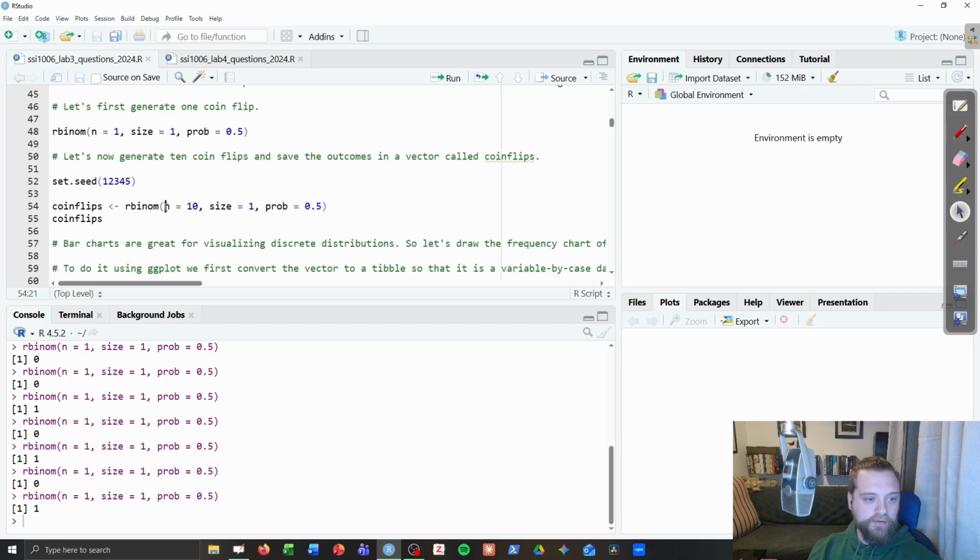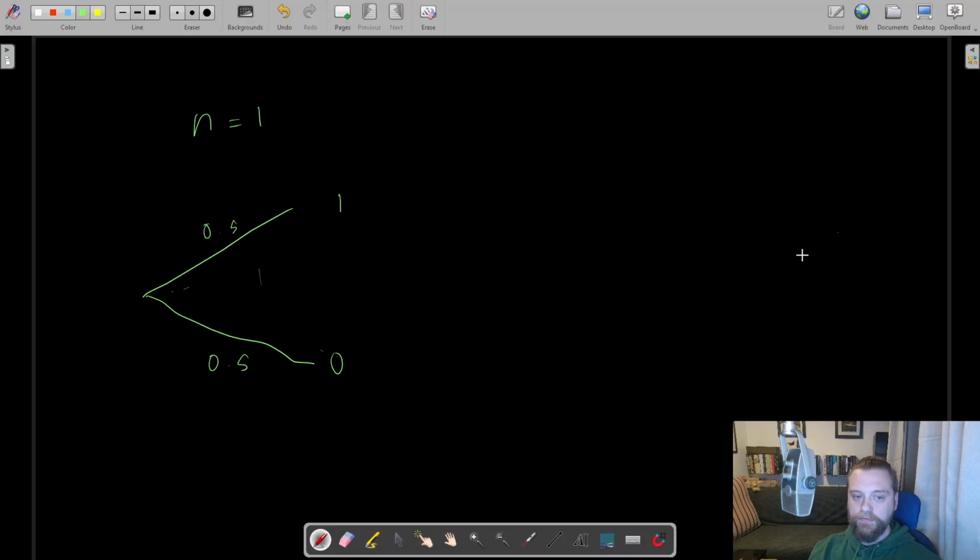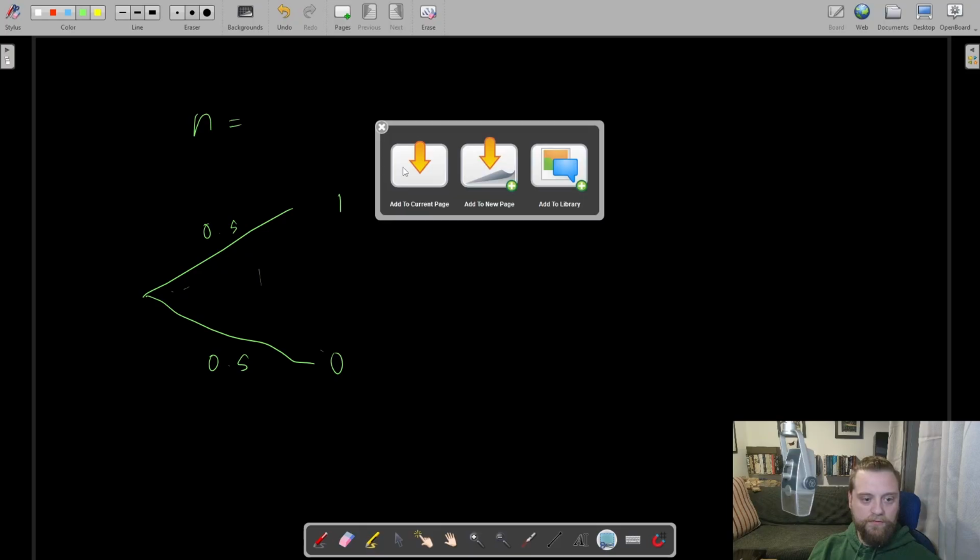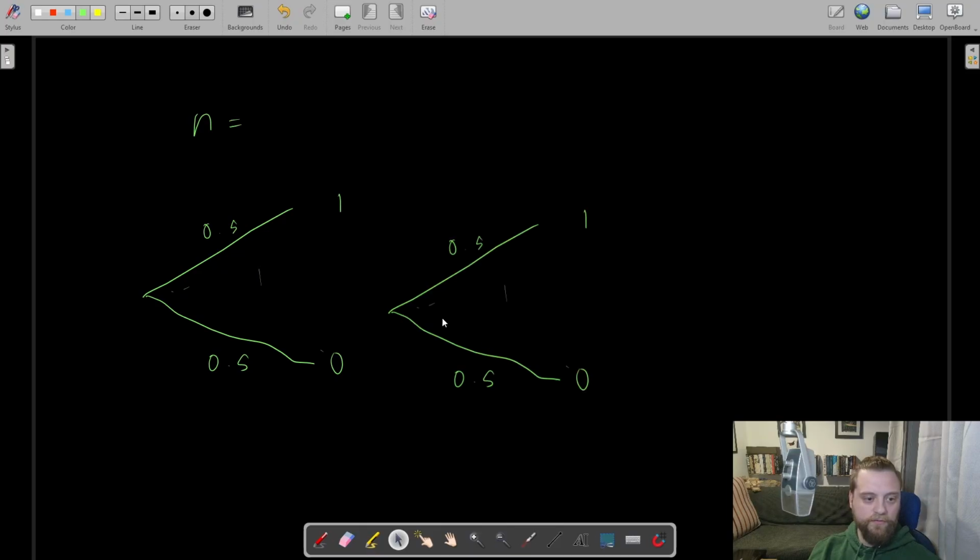Okay, so what if we generated more of these? Because we can increase the n here. So if we visualize that, our n of 2 is going to be just this, but twice.